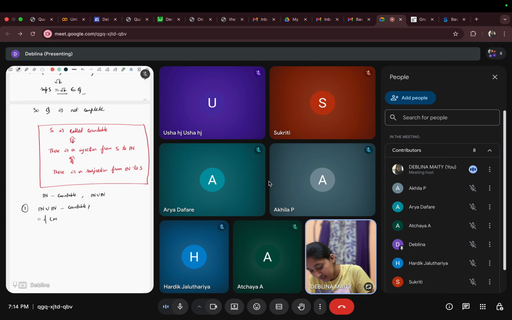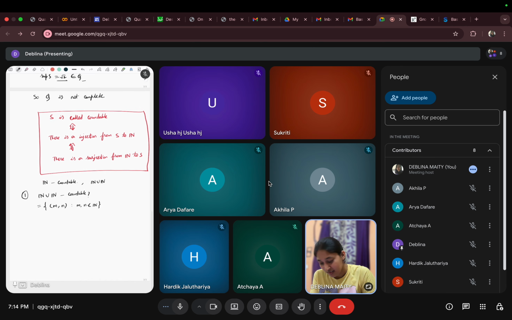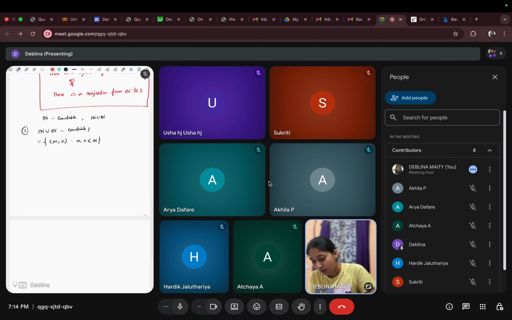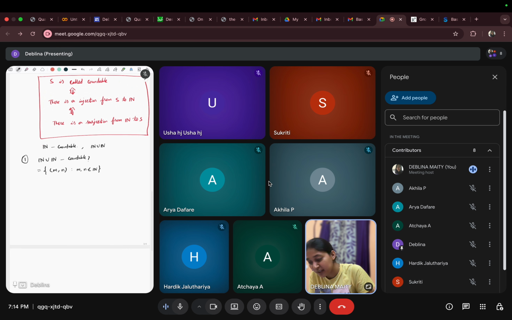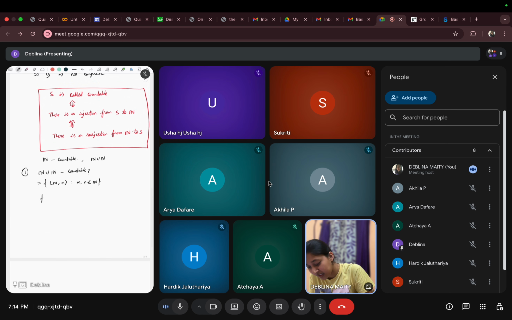It is like mn, where m and n belong to N. So this is countable if you have seen any book, or you can prove that actually. Countable means you have to find a mapping from N to this N cross N, N union N. So how will you do that?